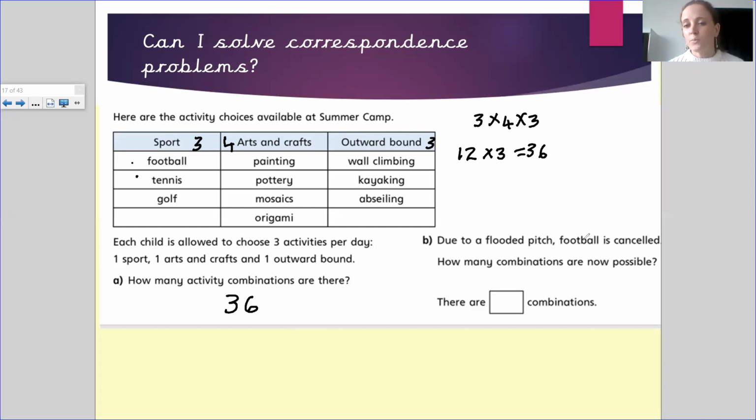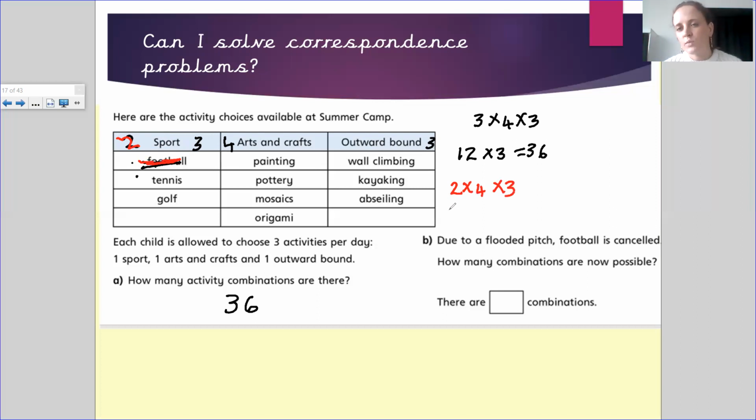Due to the football pitch being flooded, the football is cancelled. So if we took away the football, now the sport only has 2. I'll do it in a different color so you can see. So we've cancelled football and we've only got 2 sports, 4 arts and crafts, and 3 outward bound. So our question is now 2 times by 4 times by 3.